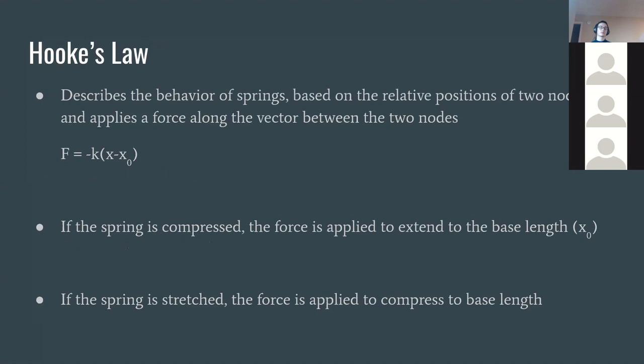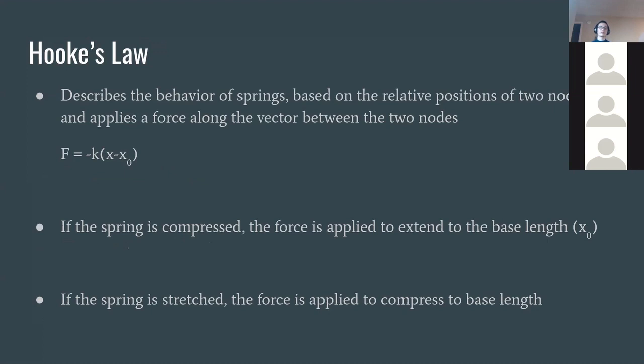So Hooke's law basically looks at the length of the spring relative to some base length, and that's in the input model. As you'll see, there's some length that is established just by the initial positioning.